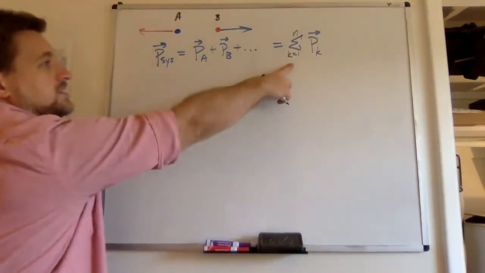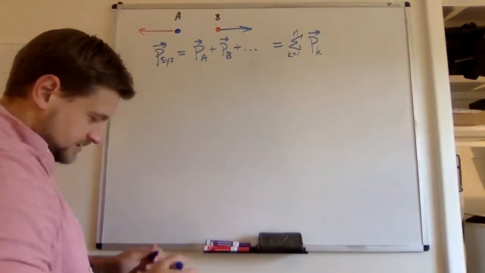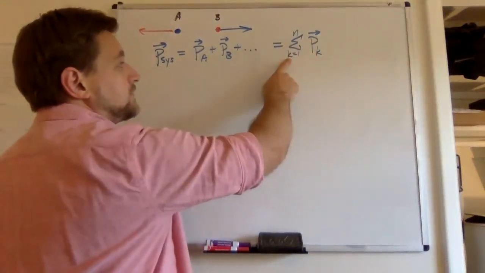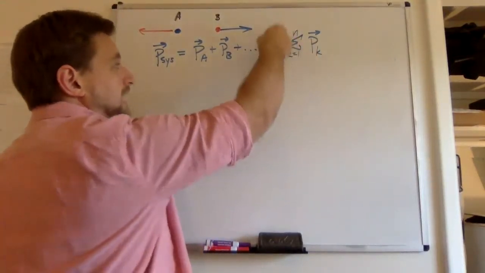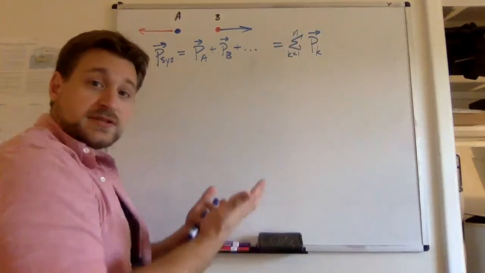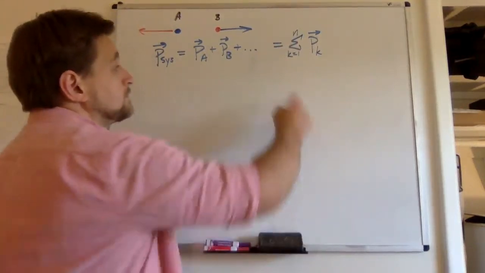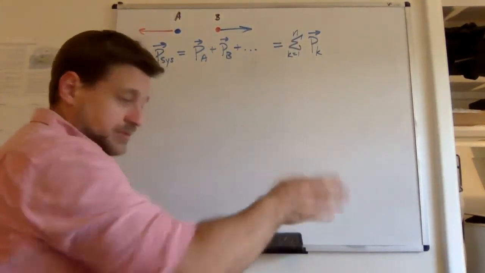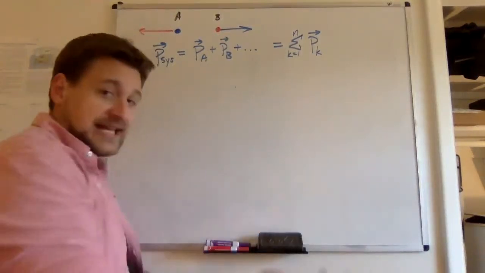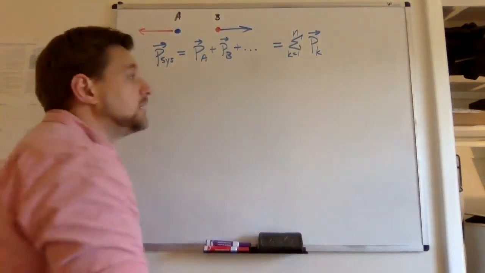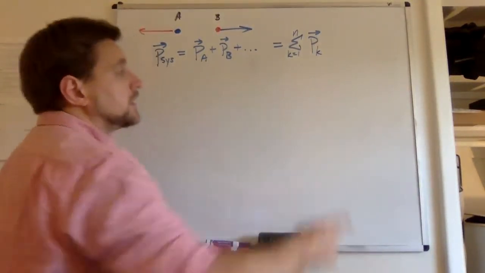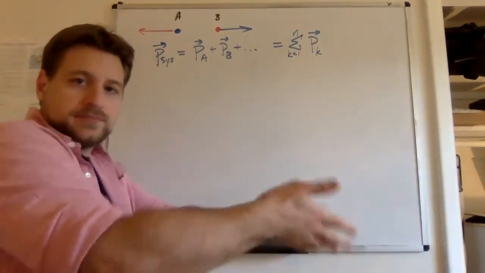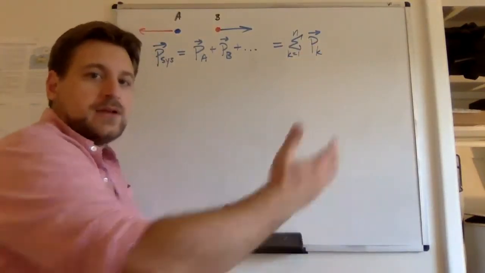And this summation notation is, again, a mathematical instruction that says for each of the 1 through n constituents of a system, give them an index k, number them from 1 to n, however many n is, 10 or 12 or whatever. For each one, ask the kth element of the system, hey, what's your momentum?